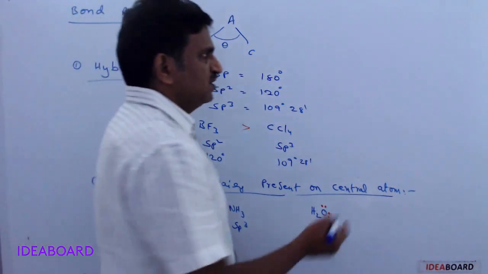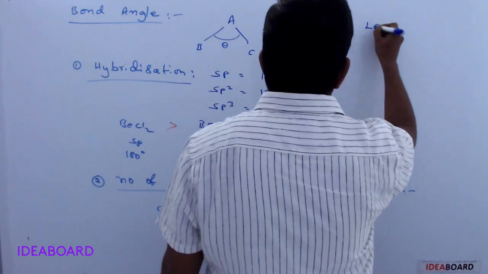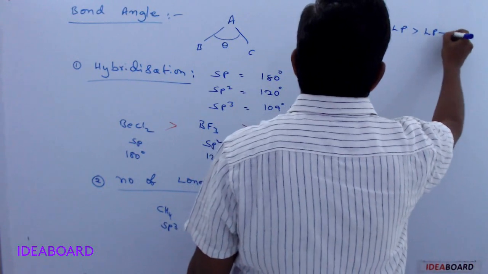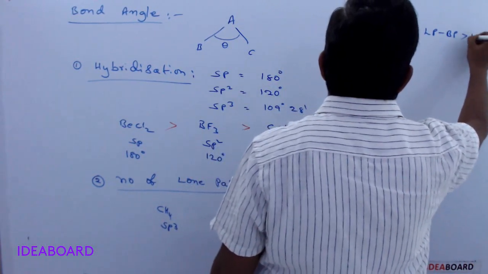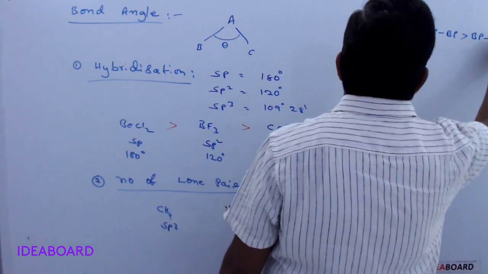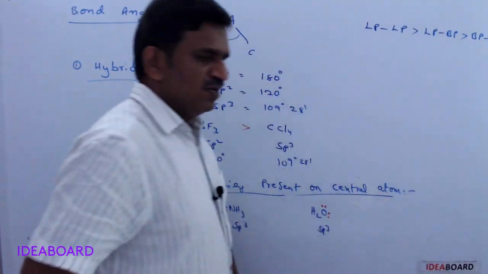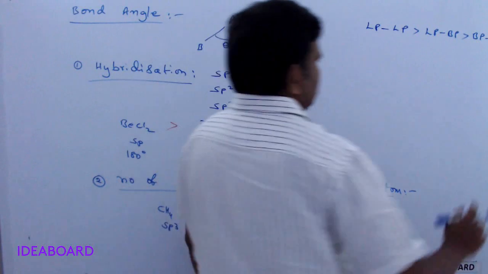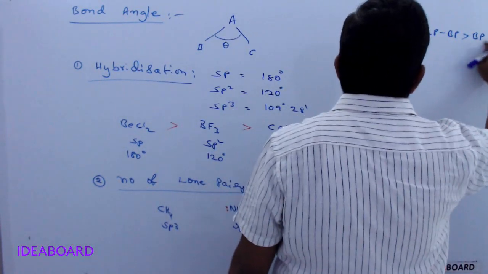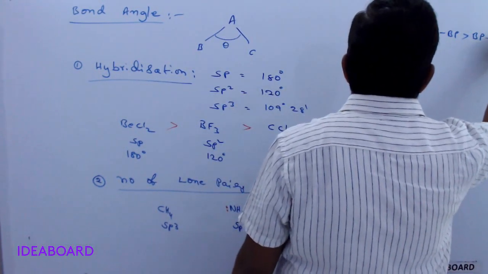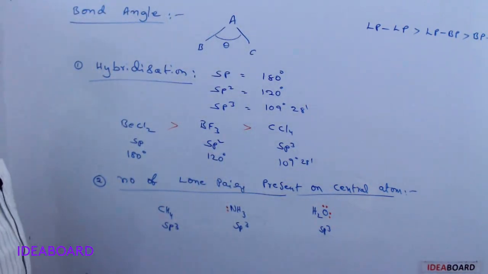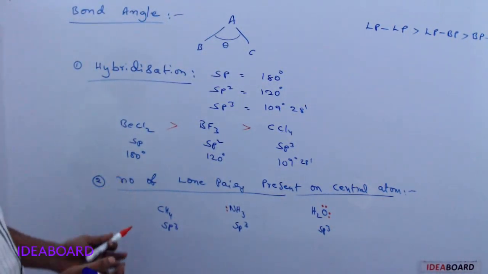As per VSEPR theory, what we said is that lone pair-lone pair repulsions are more than lone pair-bond pair repulsions, which are more than bond pair-bond pair repulsions. So whenever we consider the repulsions between electron pairs, lone pair repulsions are much more. Whenever repulsions are present, what happens?